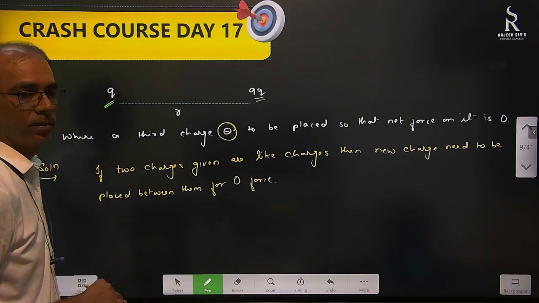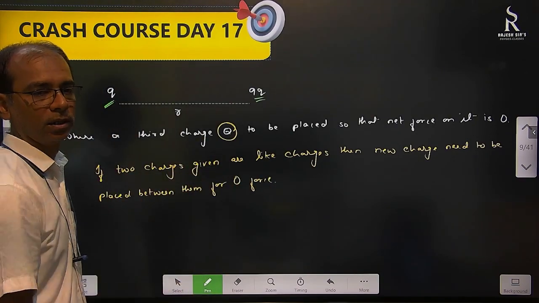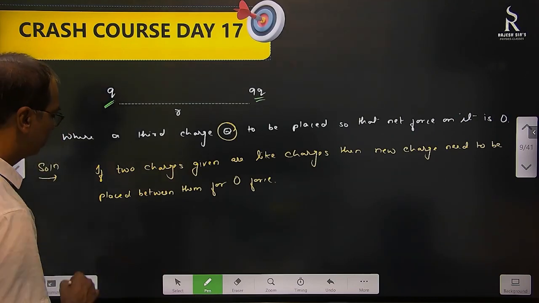And if they are unlike, then you have to place it outside the line joining the two charges.